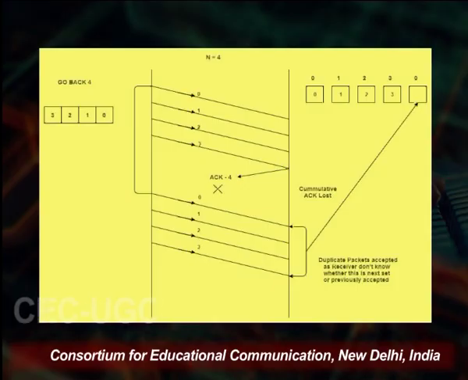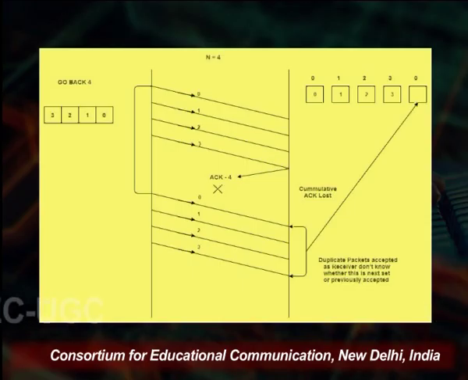Here you can visualize this whole thing with the help of a figure given on the screen. We have Go-Back-4, which is a window size of 4, and at the receiver's end the window size is 1. So, 0, 1, 2, 3 are being sent.